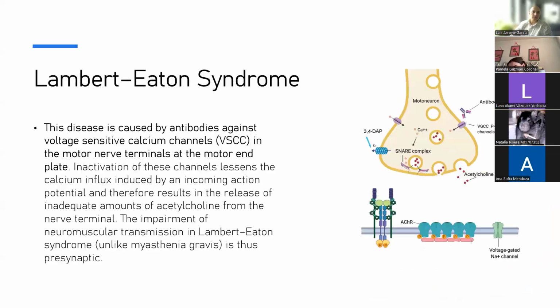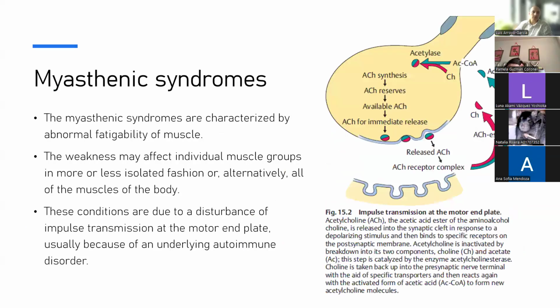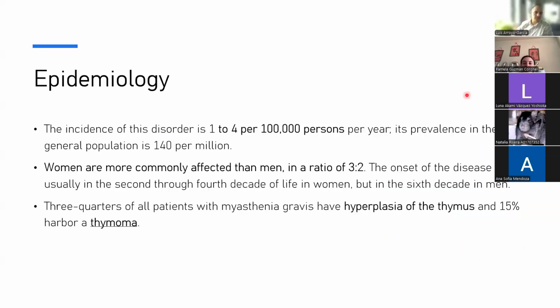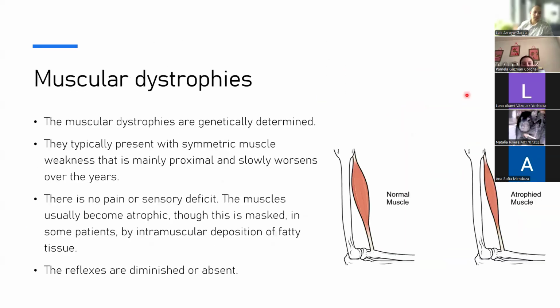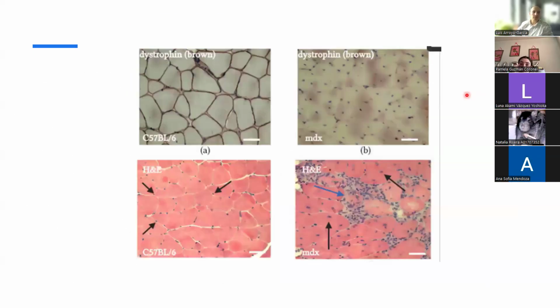Then for the myasthenic syndromes, we have just autoimmune diseases that affect different parts of the neuromuscular plate, and that's it. We don't have much more than that. And with that, we're finished, actually.